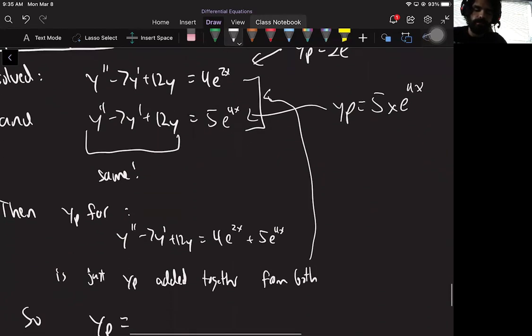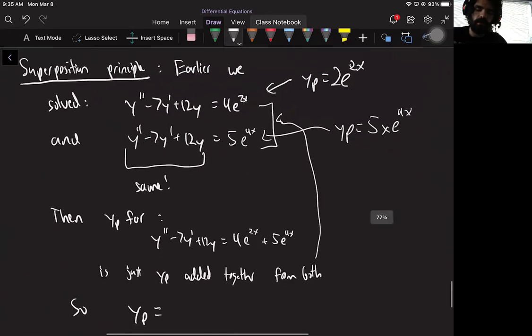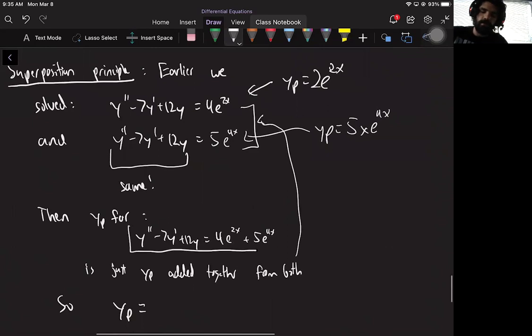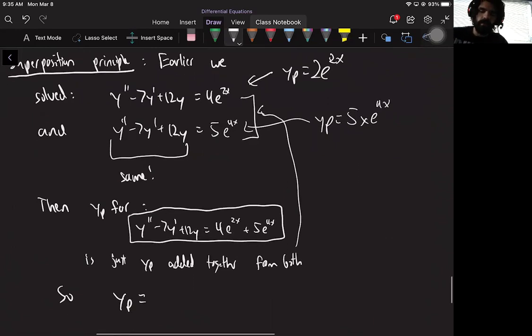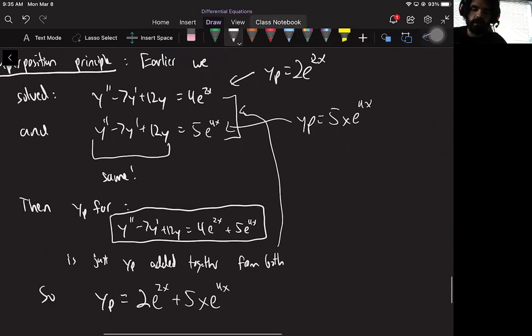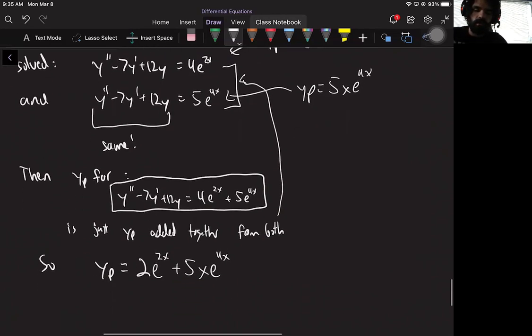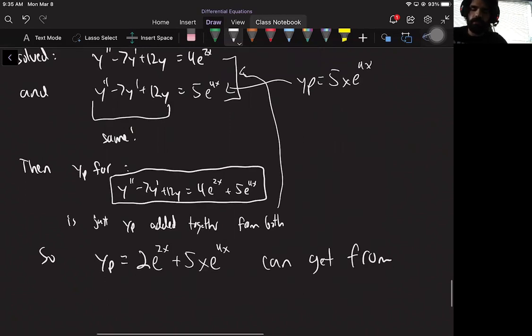So then yp for this differential equation is going to be, if I work it all out the way I did before, I will still get the same answer. It'll just end up being this. And you can do it the long way.